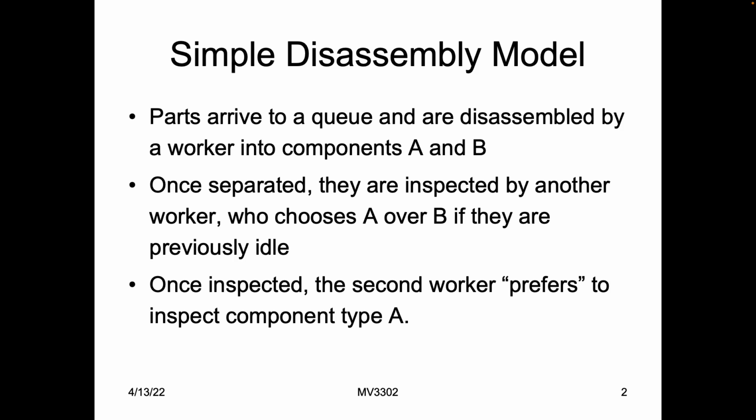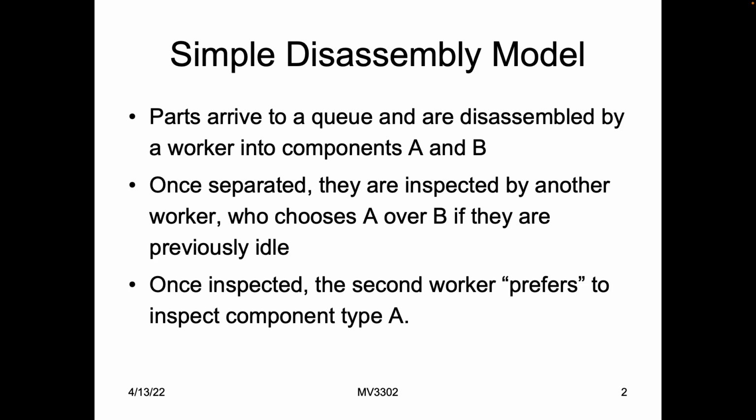So instead of assembling parts or fabricating parts, we are disassembling them. Why? This might be part of either maintenance or repair or even something else. But the idea is that they come in and they have to be disassembled, and then after they're disassembled, they need to be inspected.